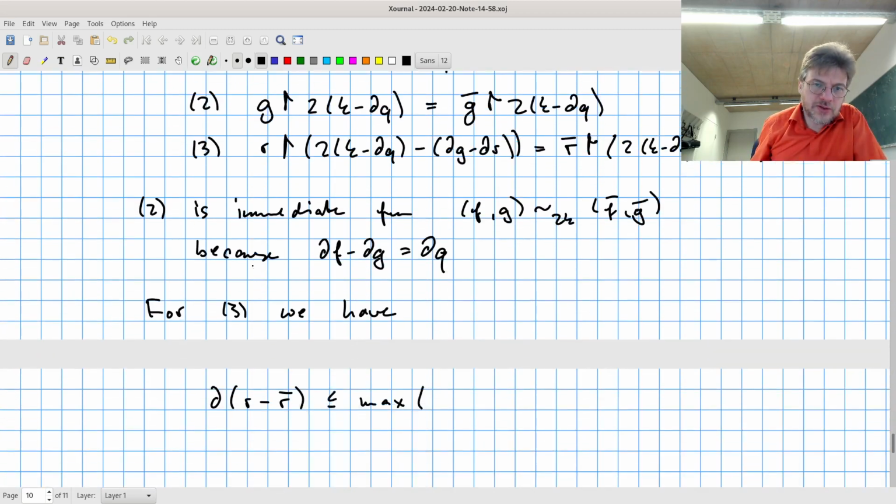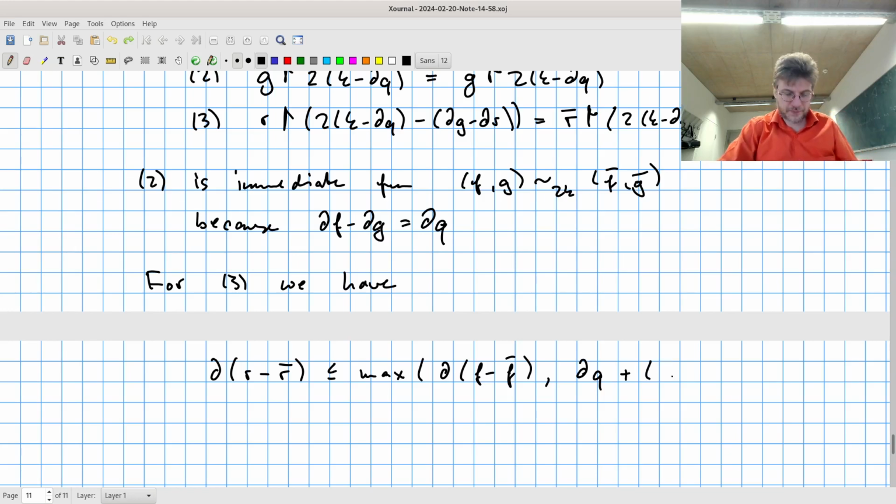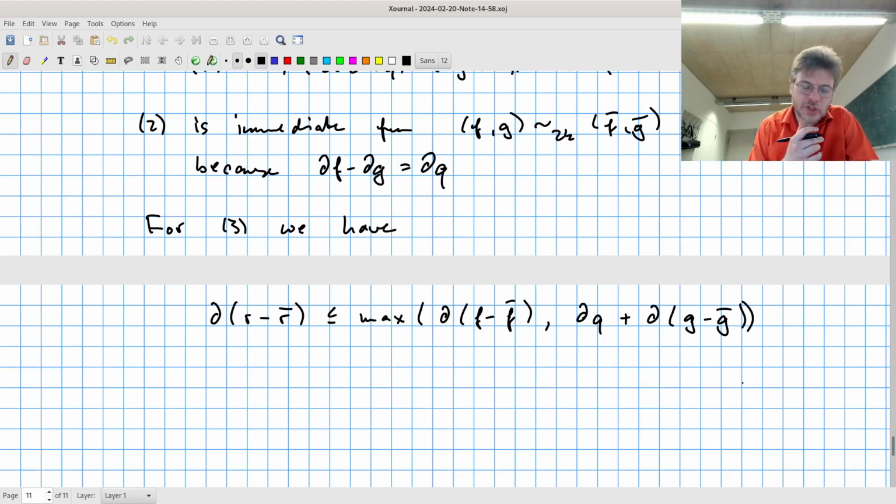So this is the degree of f minus f bar on the one hand, and the degree of q plus the degree of the difference g minus g bar. Okay, so we estimated them already and saw that this here is less than the degree of f minus 2k.